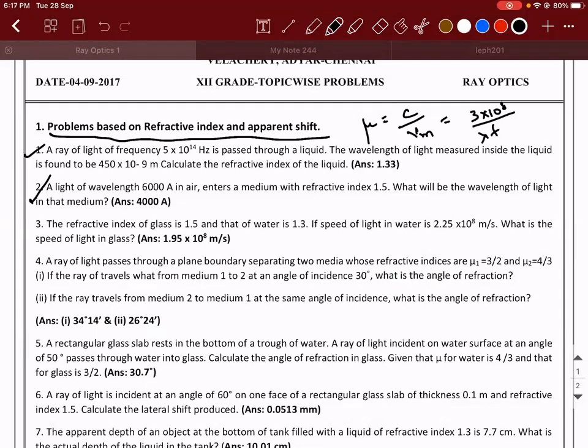How to do this? So we have the refractive index. So we should first find the velocity of light in that medium using the refractive index. Actually, velocity is not needed. You need not find the velocity. There is a formula that gives you the relation between refractive index and wavelength.